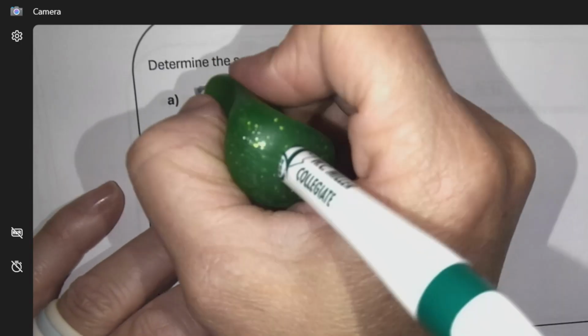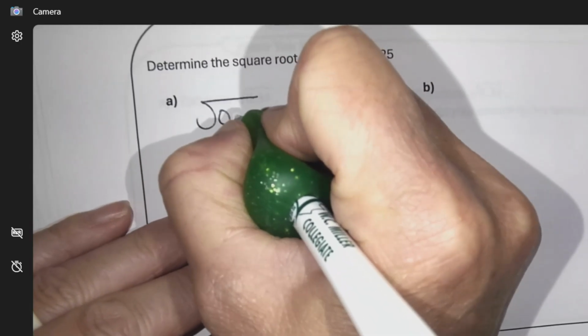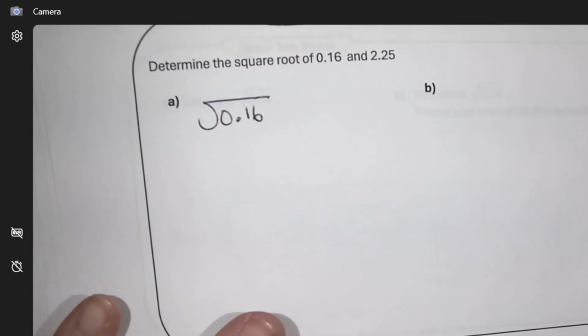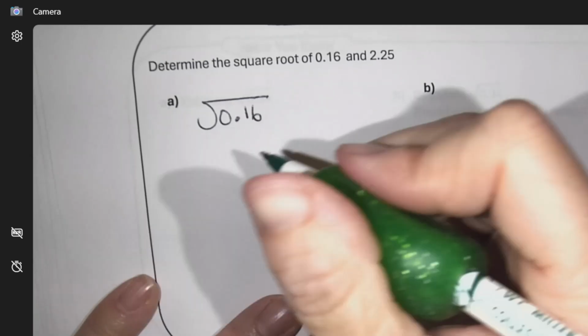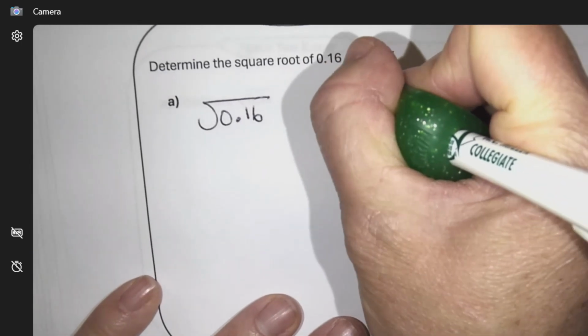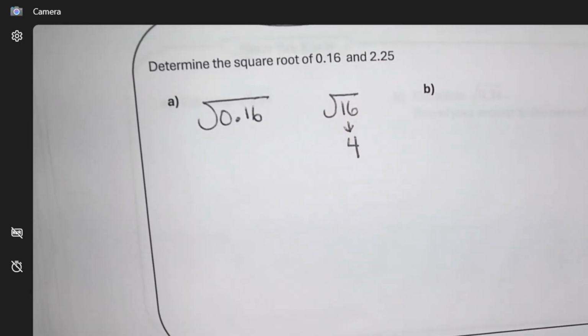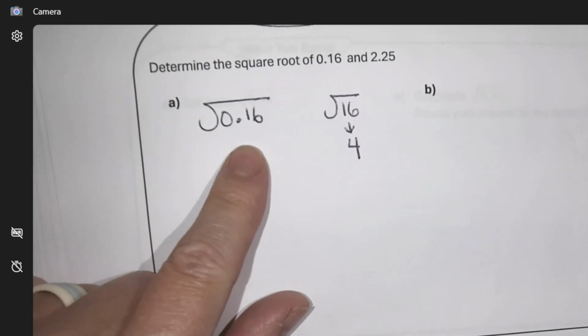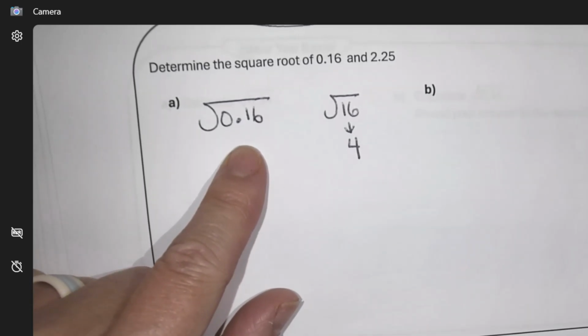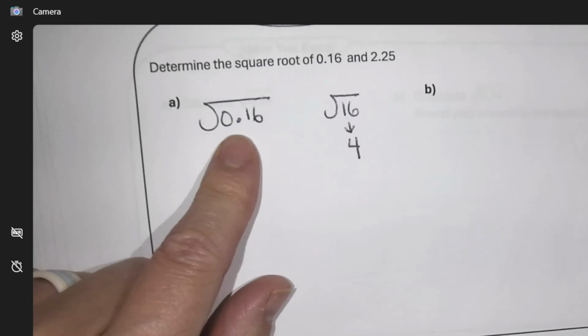Okay, so here we go. We want to know the square root of 0.16. We know that... so how do we end up with 2 decimals?